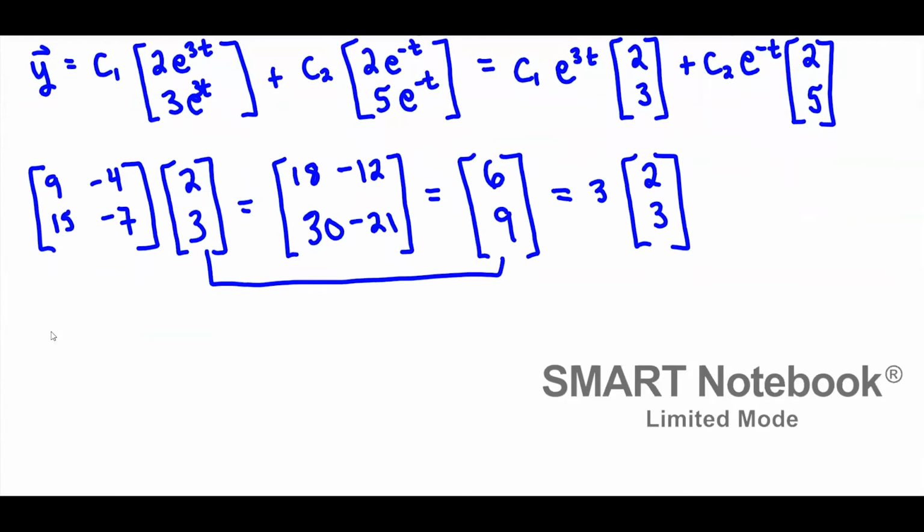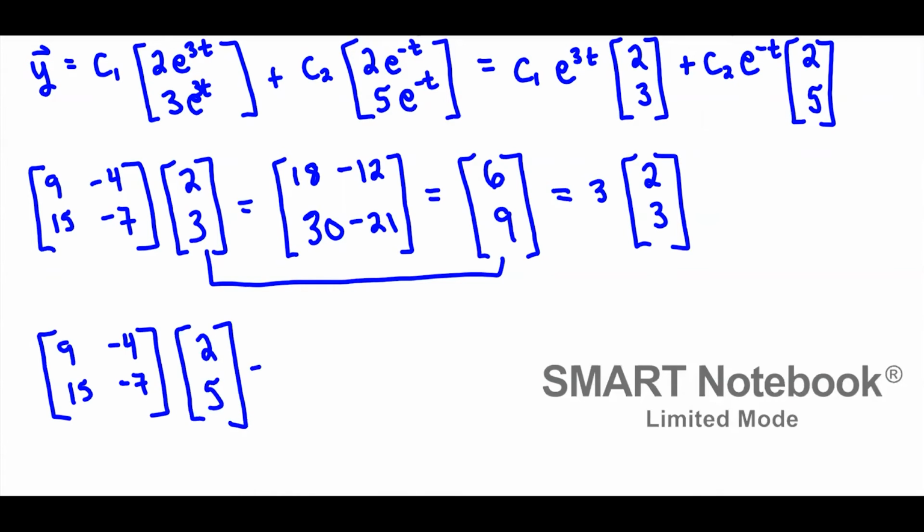And let's do it again with the other one. So I'm going to multiply just by the vector 2, 5. Let's see what we get. So 18 minus 20, 30 minus 35.